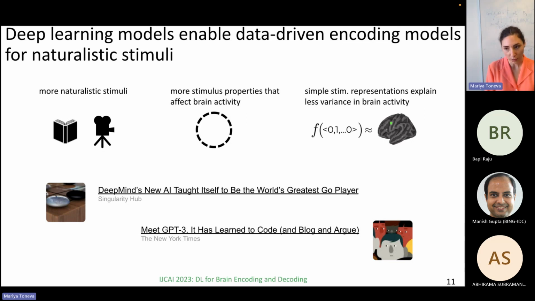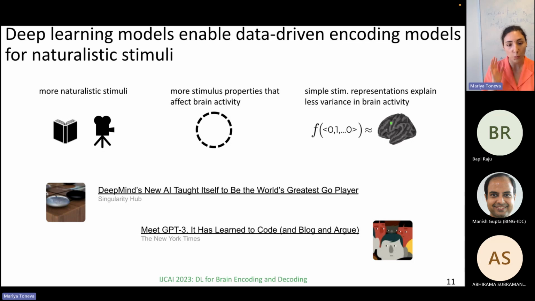Of course, they're not perfect and are sometimes quite flawed. But there is the question of whether we can use internal representations of the world from these models as rich stimulus representations that perhaps capture some of these properties that are also relevant for processing in the brain.